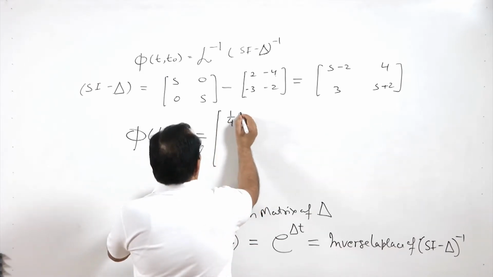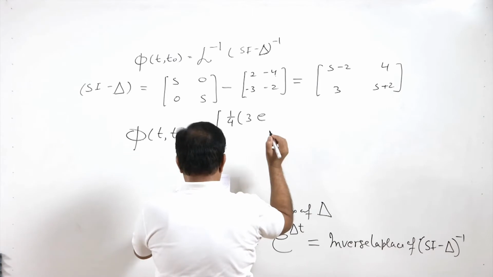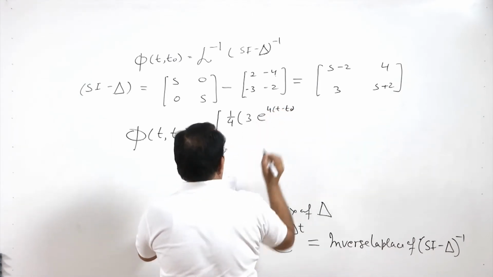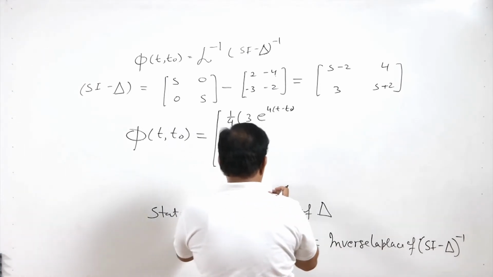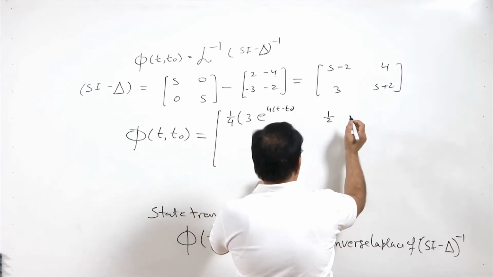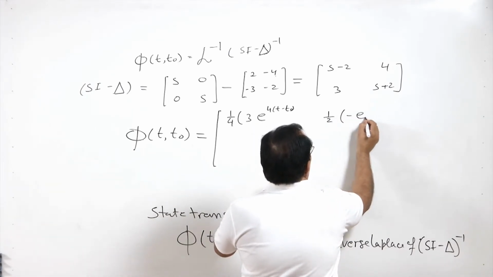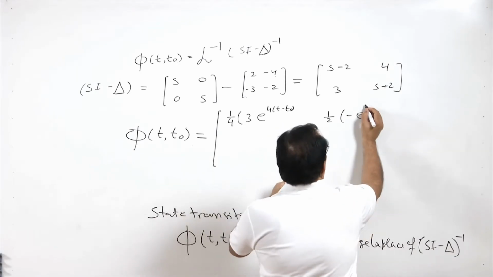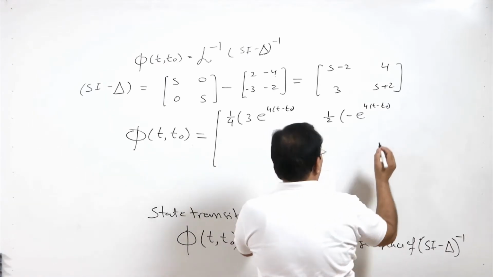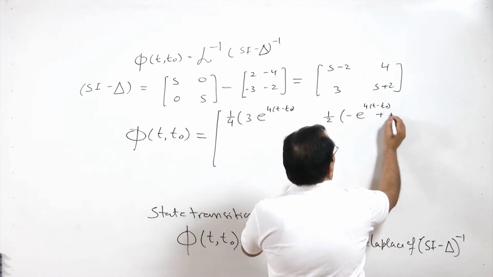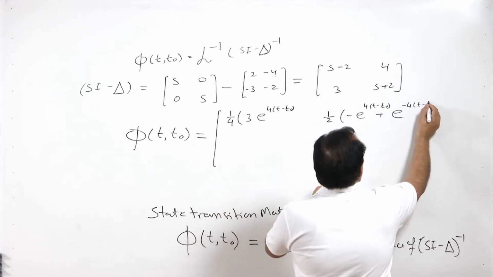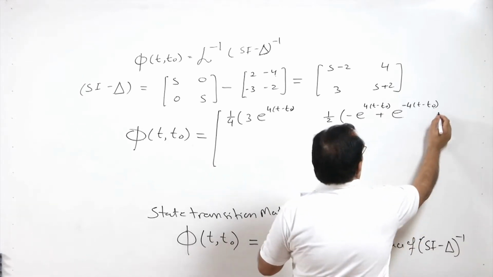So, 1 by 4, 3 e to the power 4 t minus t naught. My second element is 1 by 2, minus e to the power 4 t minus t naught plus e to the power minus 4 t minus t naught.